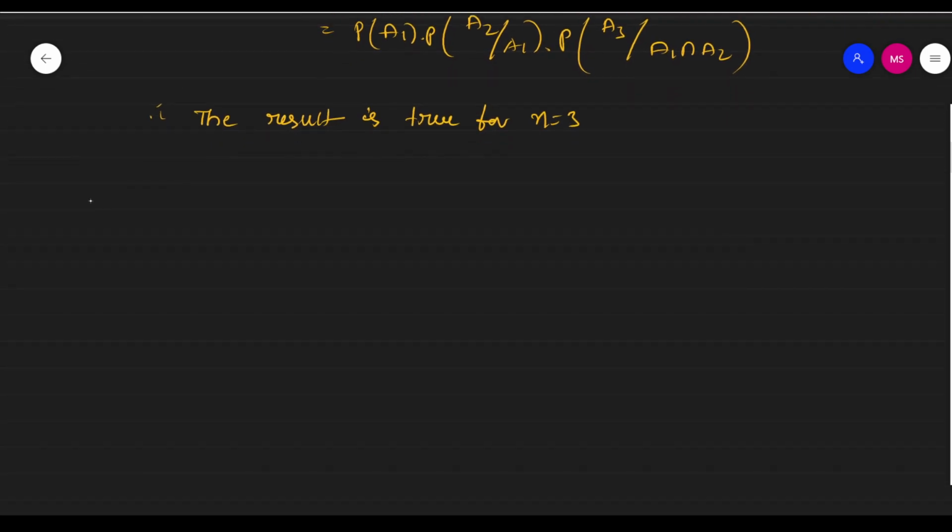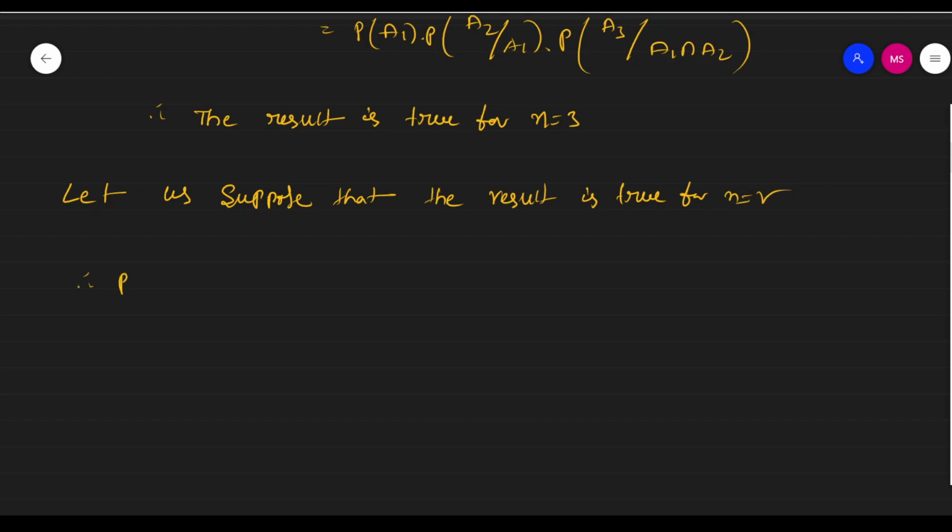Next is the second step. Let us suppose that the result is true for n equal to r. Therefore P of the intersection of Ai, i running from 1 to r, is the same as the given statement, with r in the place of n.